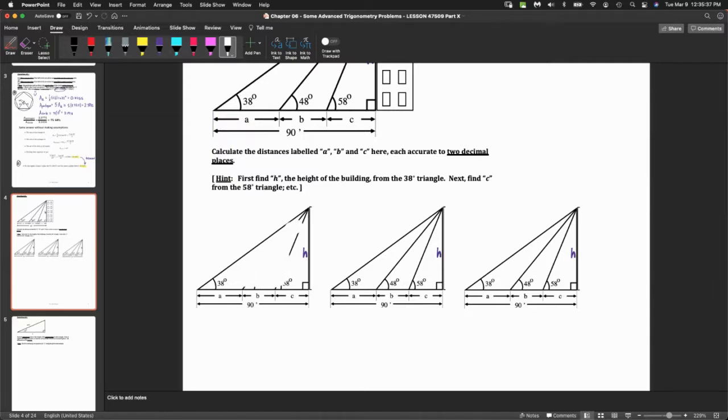So you have the big triangle. There's the big triangle. And then you have this medium-sized triangle. Don't really care about the 90 there. Then you have this little baby triangle here.